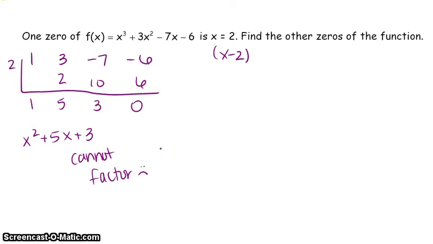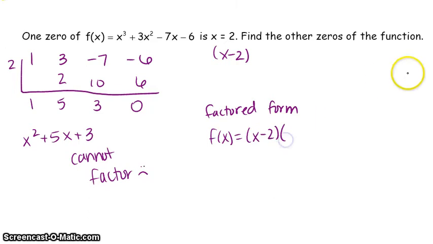Sad face. So let's write out what we have so far, because this doesn't stop us from writing it in factored form, because this whole thing is still a factor. So we have f of x equals x minus 2, multiplied by x squared plus 5x plus 3.